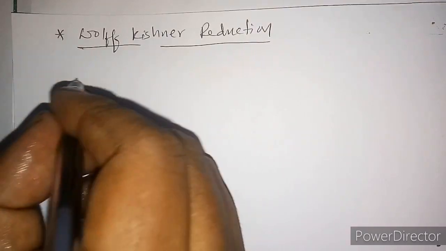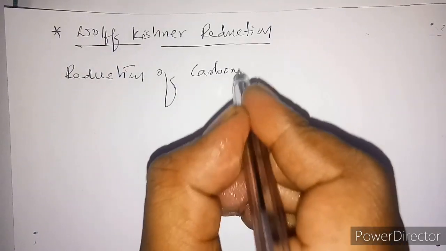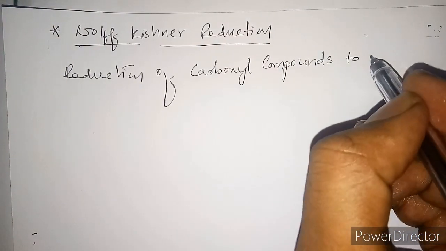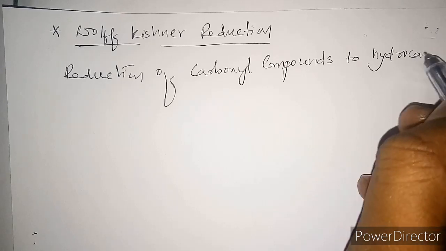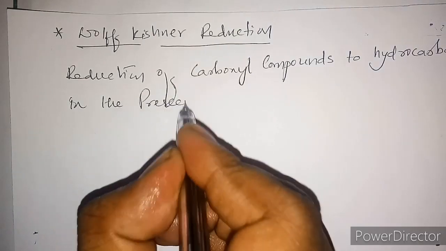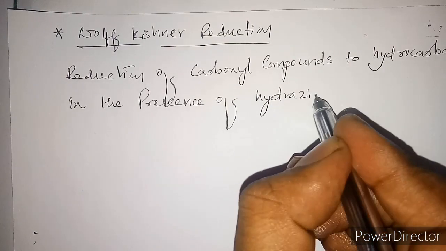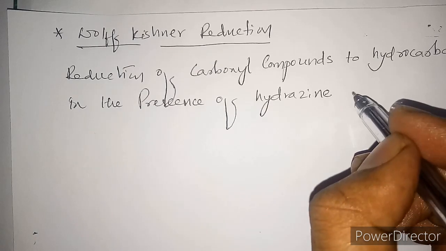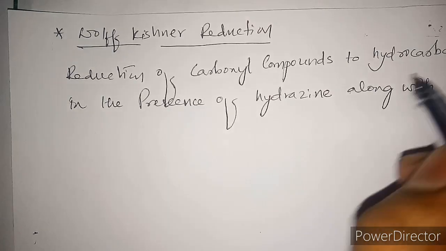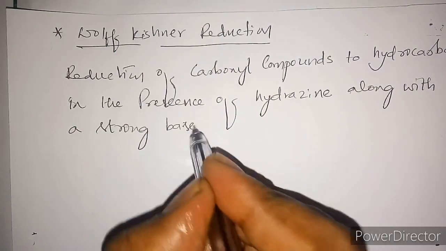So Wolff-Kishner reduction is a reduction of carbonyl compounds to hydrocarbon in the presence of hydrazine along with a strong base, KOH.